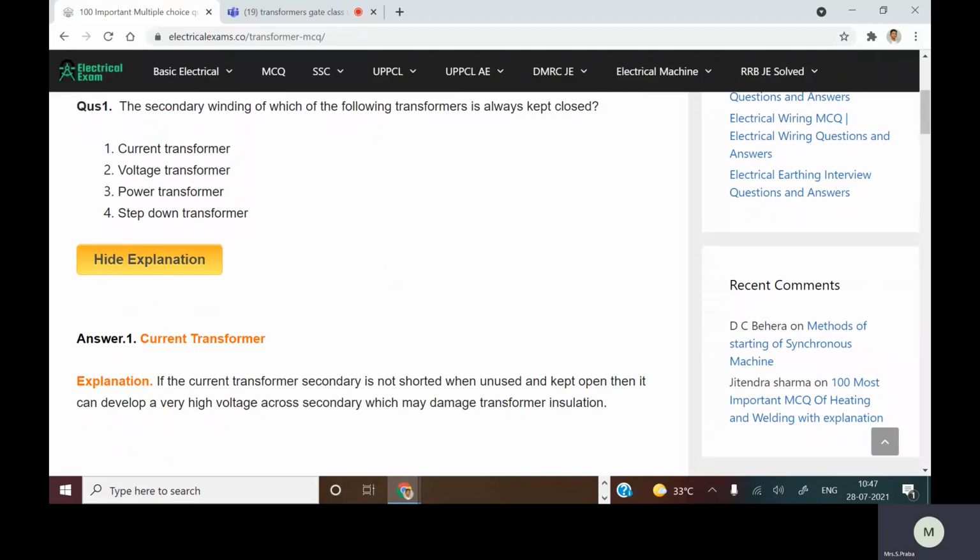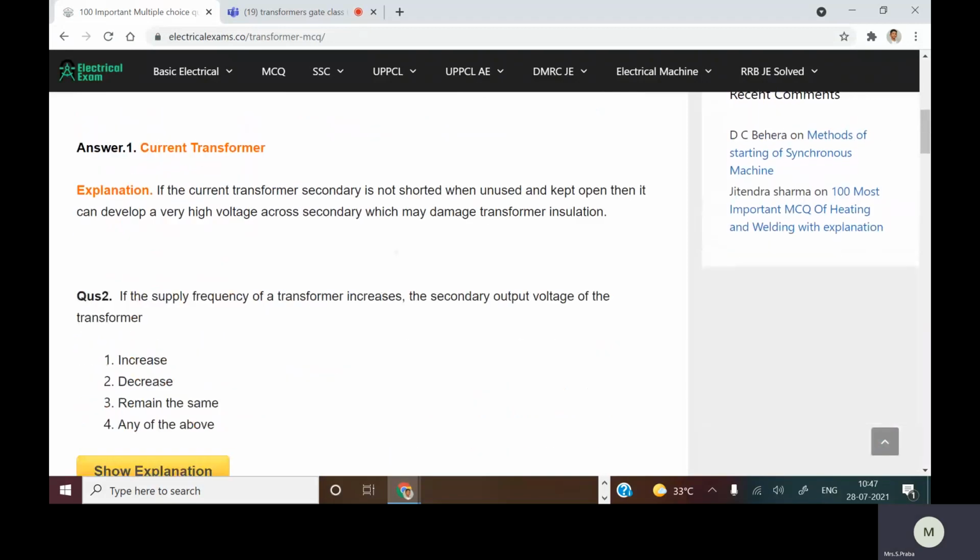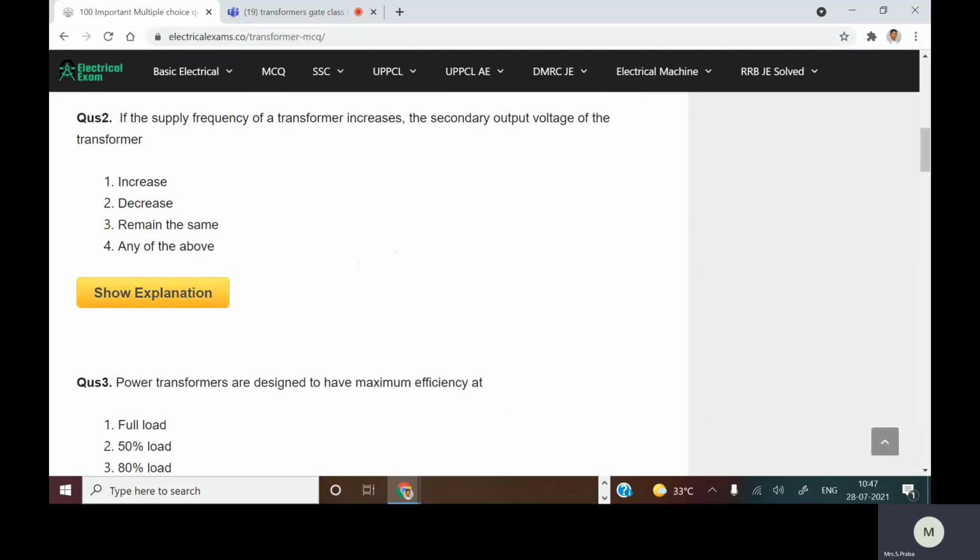Second question: if the supply frequency of a transformer increases, for example the supply frequency is varying or you are increasing it, the secondary output voltage of the transformer will be what? Will it increase, decrease, remain the same, or any of the above?